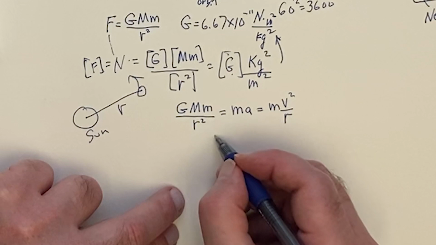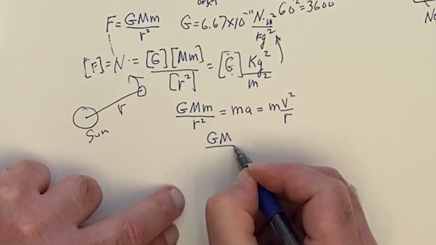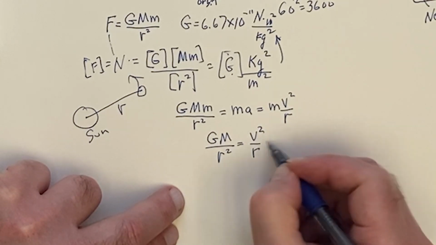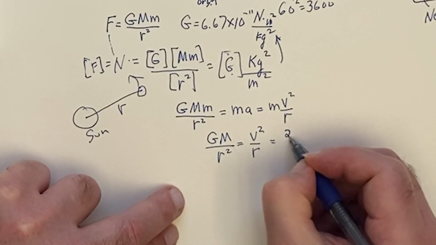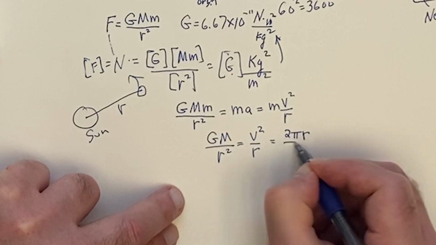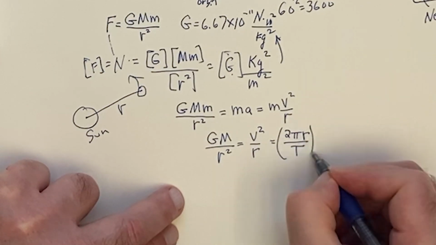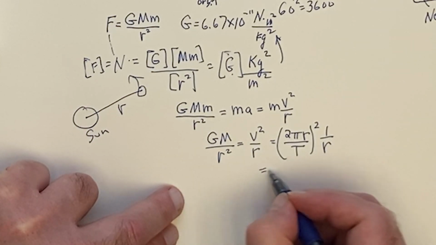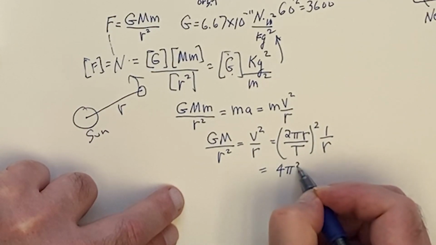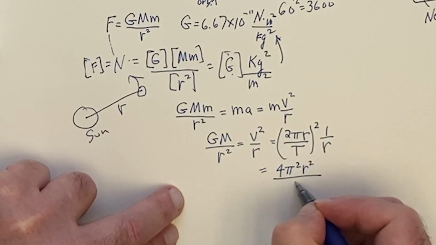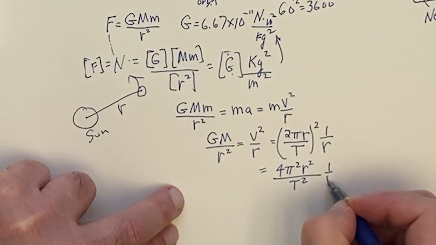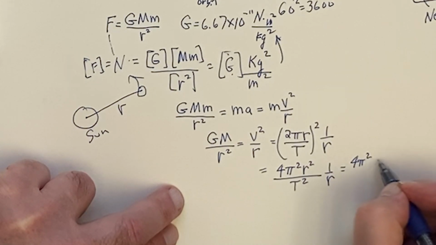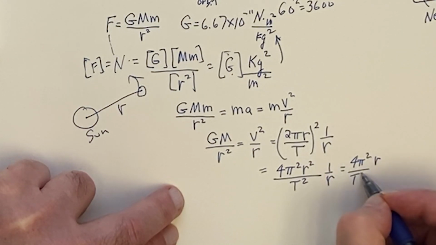So here the m's cancel, and you have big G, big M over r squared is going to be v squared over r. But remember, your v is 2 pi r, your circumference, over the period. So we got that, and then there's the 1 over r. So when you do this, you get 4 pi squared r squared over t squared, times 1 over r. And here, that's 4 pi squared, one of the r's goes away, over t squared.